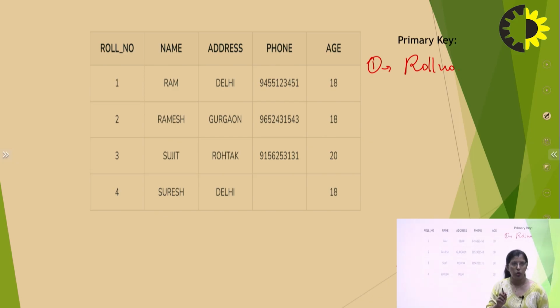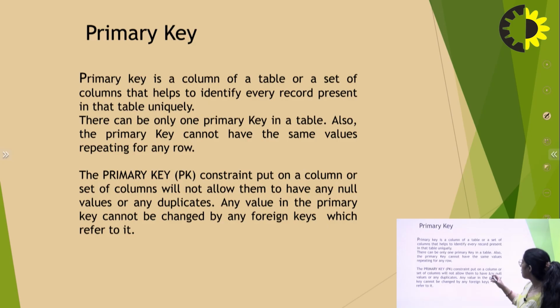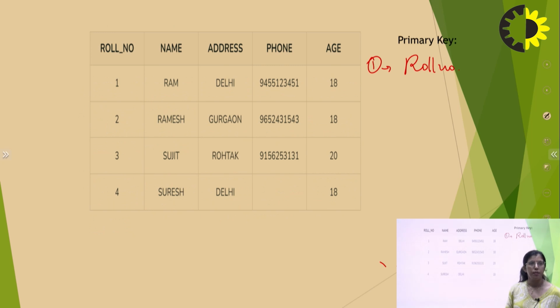There is a doubt whether we can use phone as a primary key. See, phone number is also unique for each student because no two persons can be given the same phone number. But in the previous slide, we have discussed that primary key cannot have any null value or any duplicates. Then it means here we cannot allow this phone number to be null. So we cannot have this as a primary key.